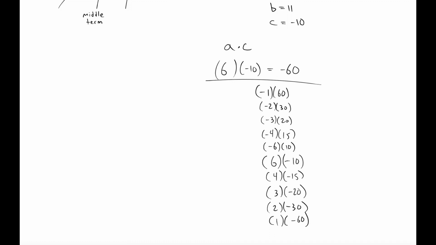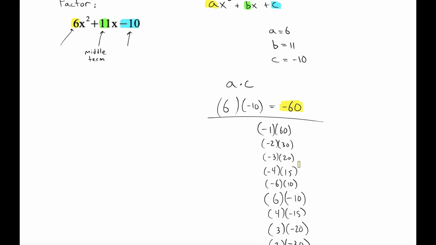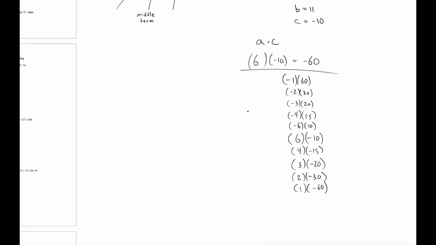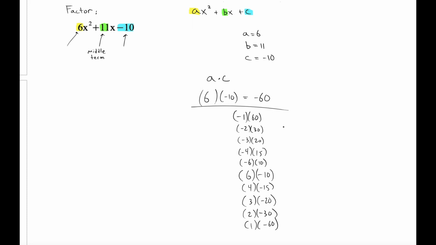What we're looking for is a special combination. It has to multiply to negative 60, which they all do, but it also has to add to the 11 there. So does any of these possibilities work? Yes.